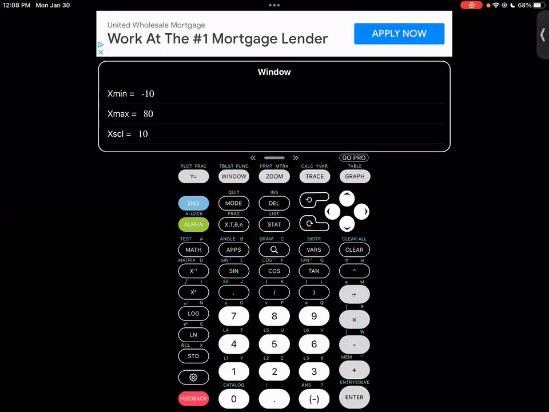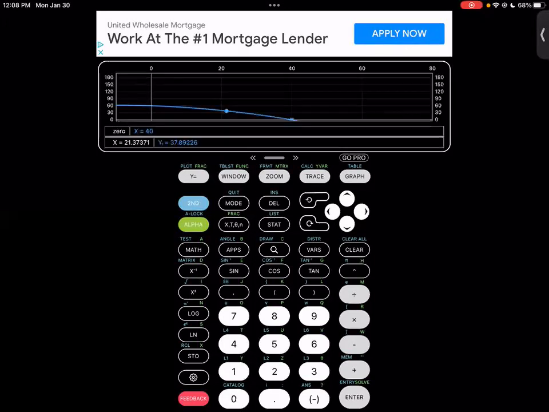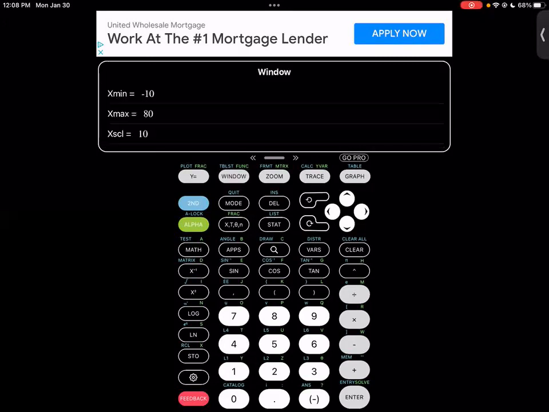So go back to window. My Y max is going to be, clear, say 200, graph. And then go back to window again. I'm just going to keep fixing it. Nobody really knows.